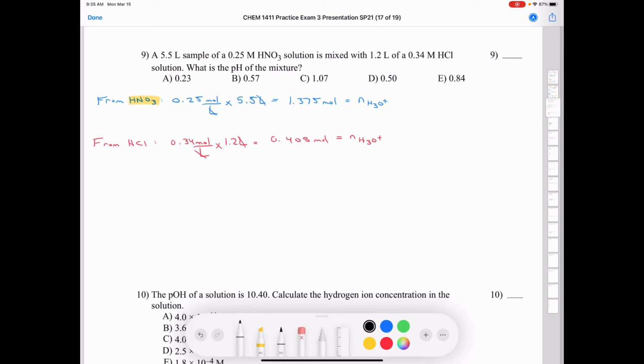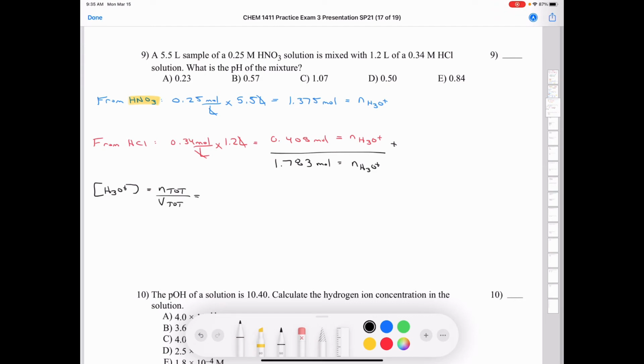Now I can figure out the total number of moles of my hydronium ions. So all I'm going to do is tally these two numbers up, and I end up with 1.783 moles of hydronium ions. So this is equal to the number of moles of hydronium ions total. Well, in order to figure out the total concentration of the hydronium ions, I'm going to take the total number of moles and divide it by the total volume.